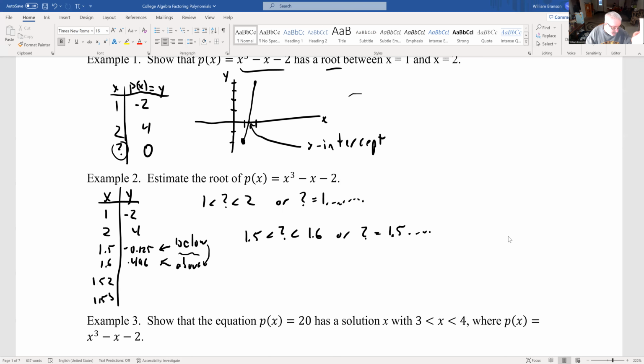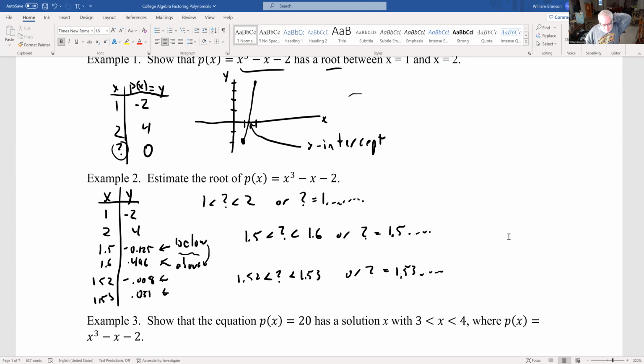If you plug those numbers in, this is about minus 0.008, and this is about 0.051. And so again, this is below, this is above, so we can say that our unknown root is 1.53 something, something, something. And you can keep going and going.